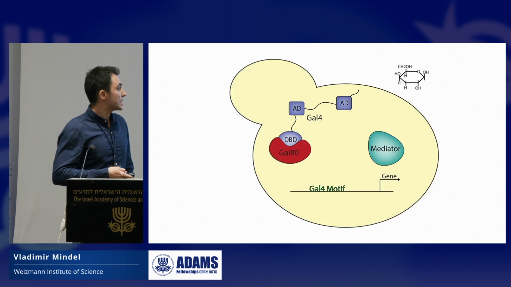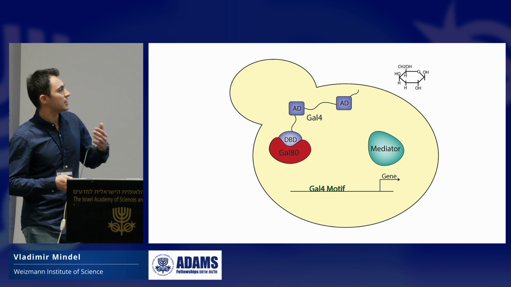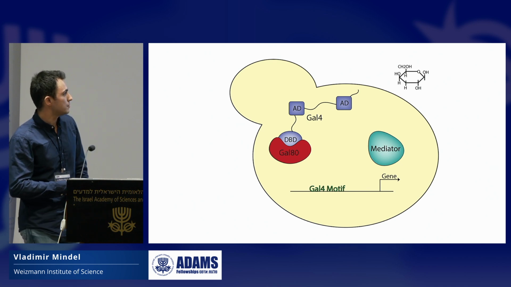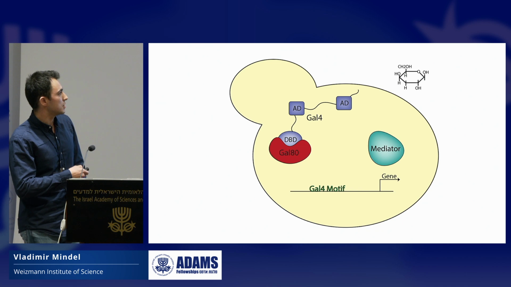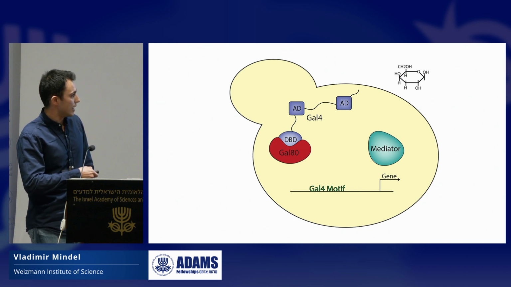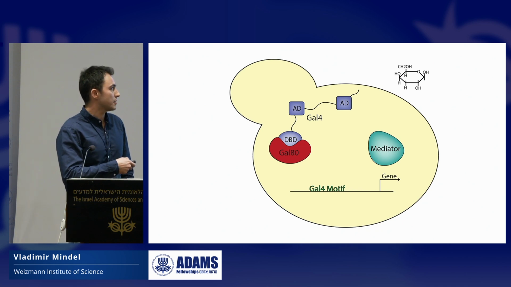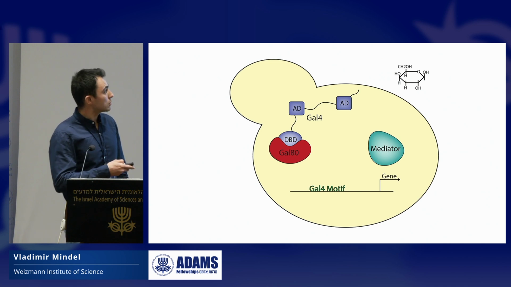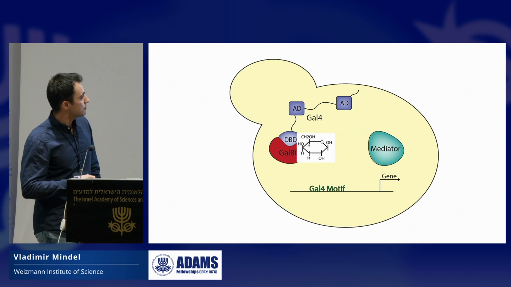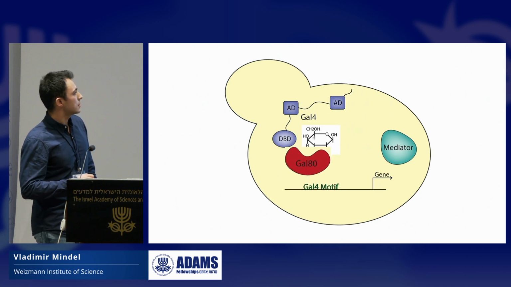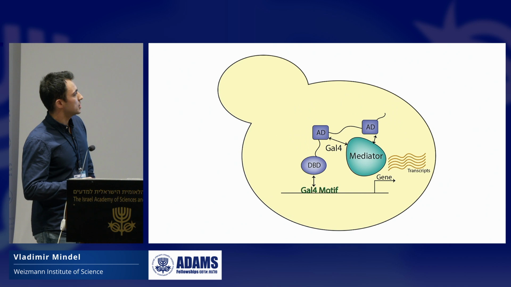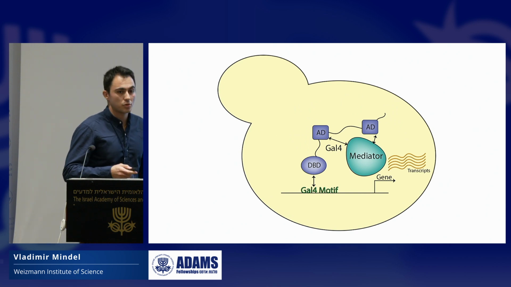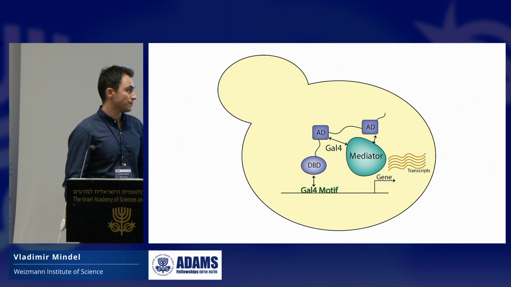And this, I think, is exemplified, in my point of view, by the most classical example in yeast, the GAL4 protein, which in regular conditions is repressed by GAL80, another protein that doesn't give the GAL4 an opportunity to work. And whenever a specific sugar called galactose enters the system, GAL80 can release the GAL4, and then the magic will happen. And the yeast will produce some proteins that will help to convert galactose into energy.